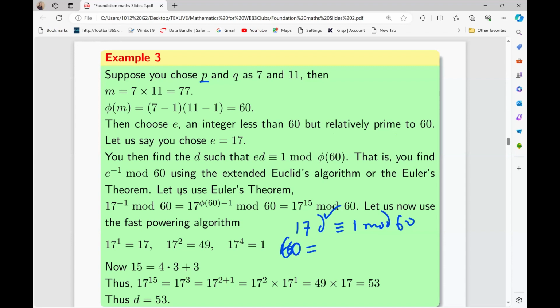So 17 into 60: take 60 divided by 17, it goes there 3 times. So this is 3, because 17 goes there 3 times. And what is the remainder?